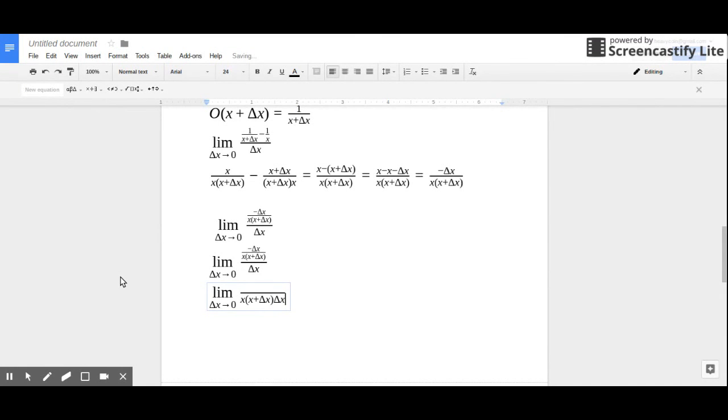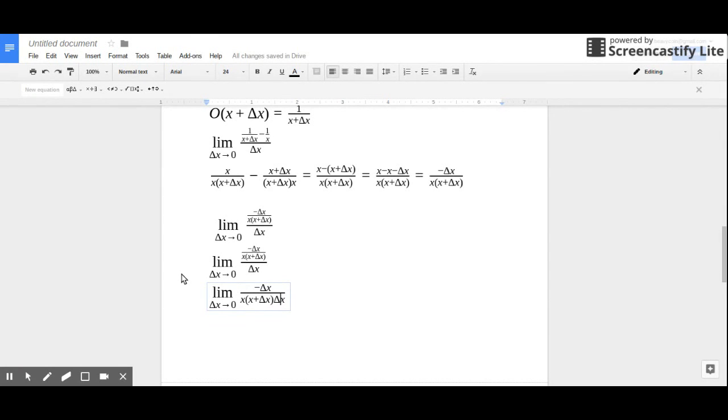Yes, it did. So what's going to stay up in the numerator is this negative delta x. So we're going to have a negative delta x. How do you like that? All right. So what do we have here? Well, we have a delta x in the numerator, and we have a delta x down here in the denominator. You see this right here?